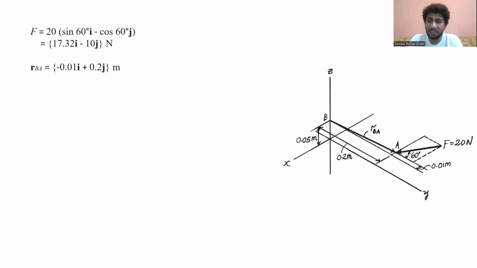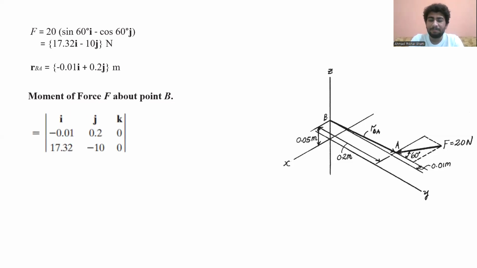You see that the position vector R between the points B and A is minus 0.01 meter in the x-axis and 0.2 meters in the y-axis. So in order to find the moment of this force, let's make a matrix.